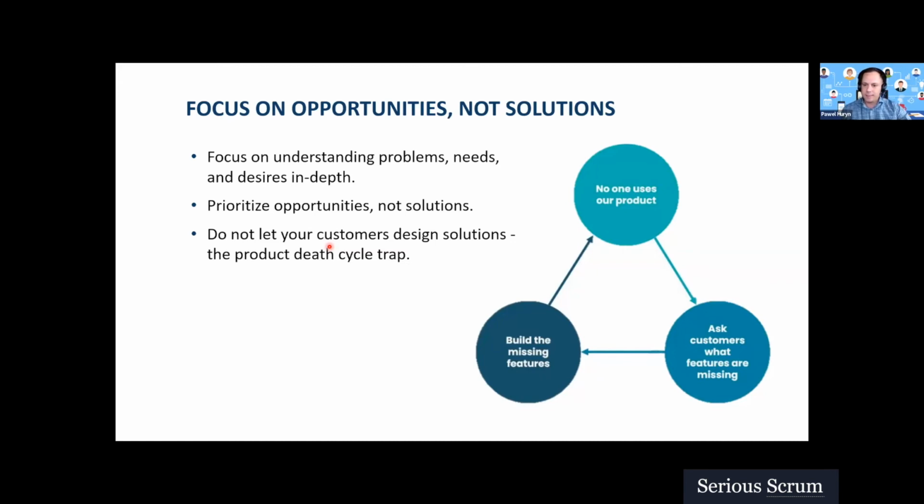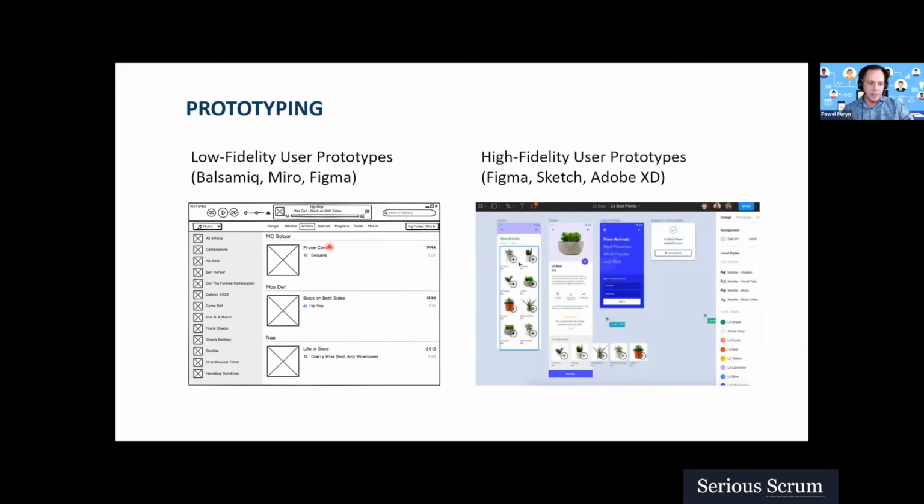And how can we test the ideas? The typical solution is using prototypes, and basically Marty Cagan calls prototypes any experiment that we can do in the product discovery phase. So according to Marty Cagan, there are 4 types of prototypes. One is low fidelity user prototypes, and this is the prototype that I use the most in my products.